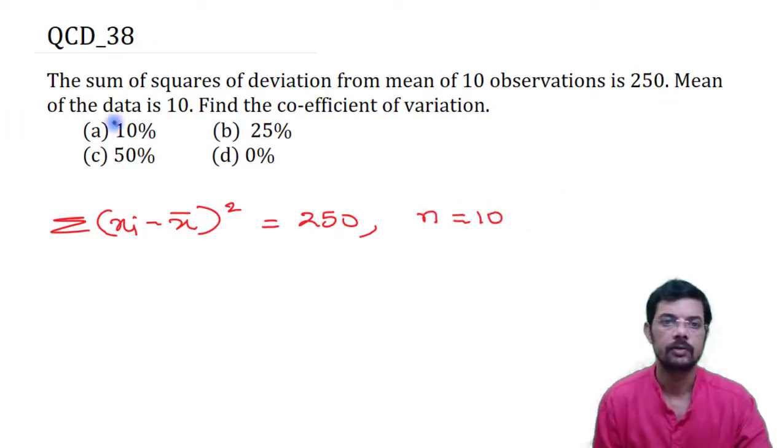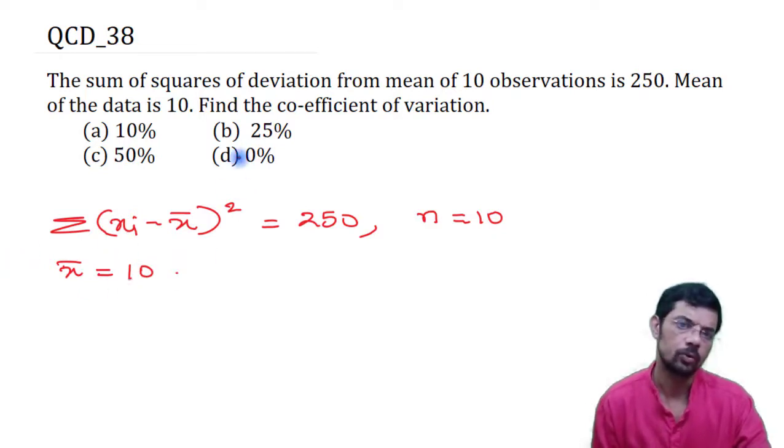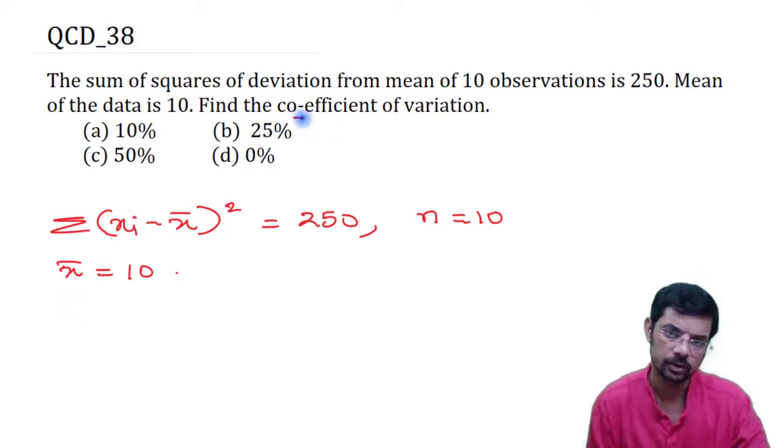The mean of the data is 10, so x bar is equal to 10. We need to find out the coefficient of variation.